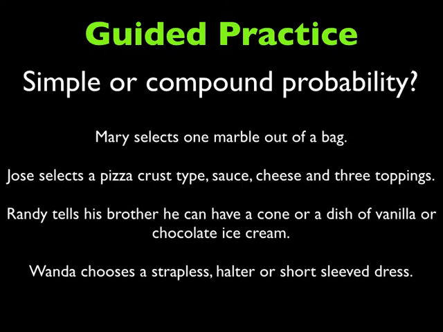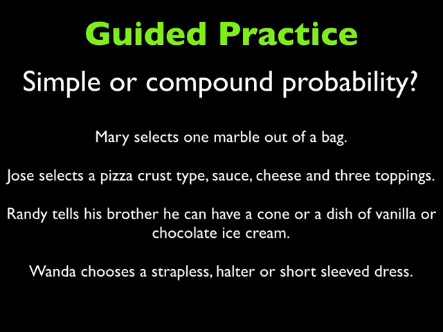That is when you can identify the probability of compound events. So let's have this practice. I want you to identify whether this is a simple or compound probability. Mary selects 1 marble out of a bag, is that simple probability or compound probability?